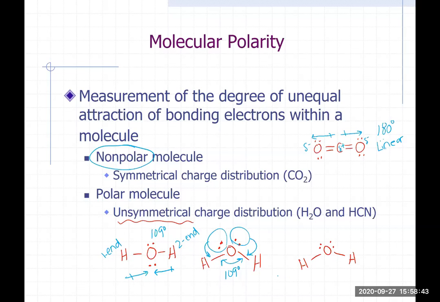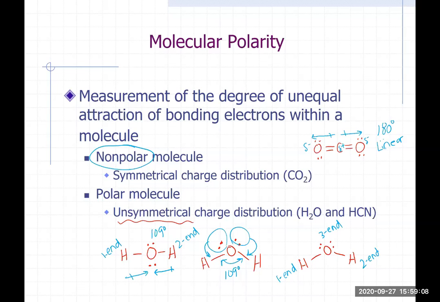Here's 1 end with a hydrogen on it. Here's a second end with a hydrogen on it. And here is a third end to this molecule. These are all sticking out as ends with an oxygen on it. So this thing is shaped angular, like a triangle. So there's 3 ends to it. It's not linear with 2 ends to it anymore.